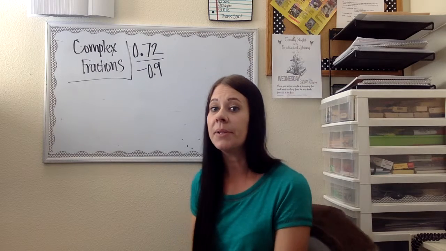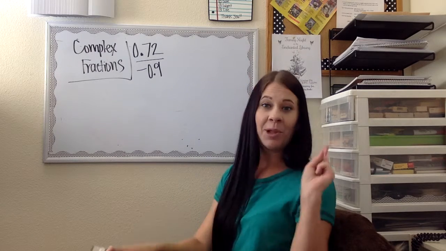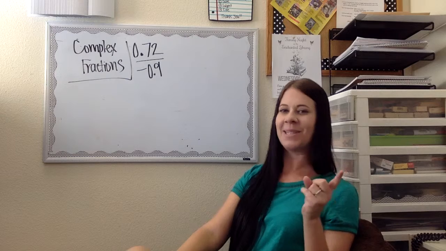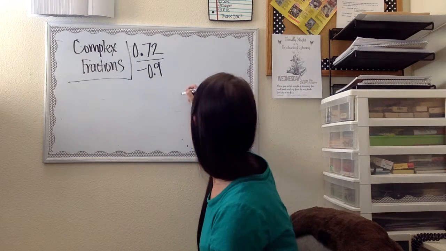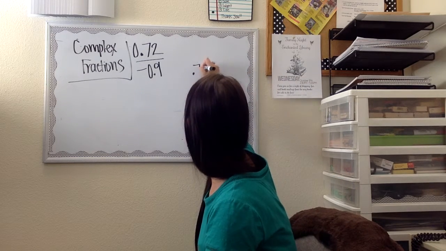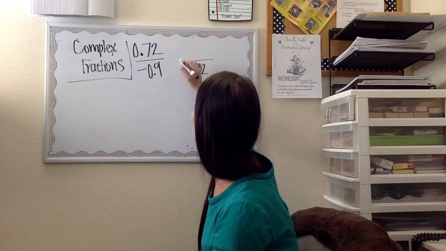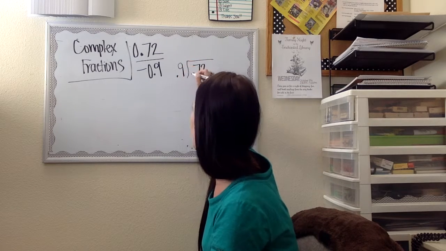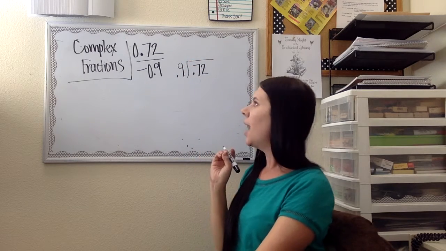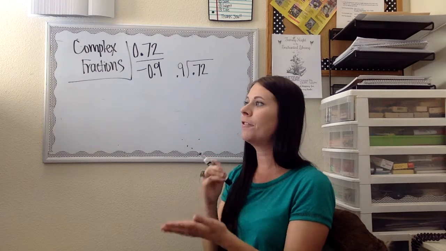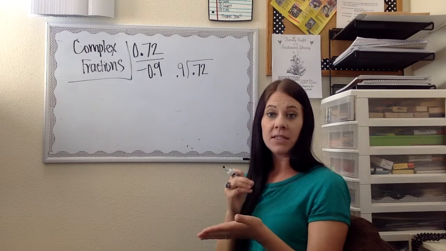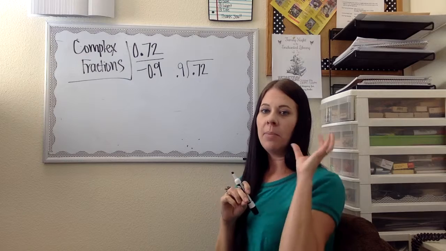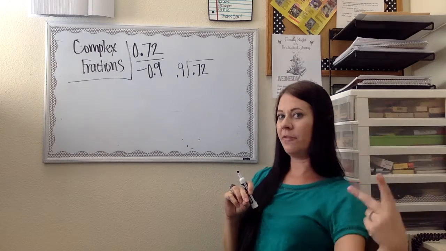So what we're going to do is we're not going to pull out our calculator. I know you really want to, but don't do it. We're going to put the 0.72 underneath, and we're going to put this 0.9 on the outside. Now, we cannot forget to come back to figuring out what our sign is. So we have a positive divided by a negative, different signs.